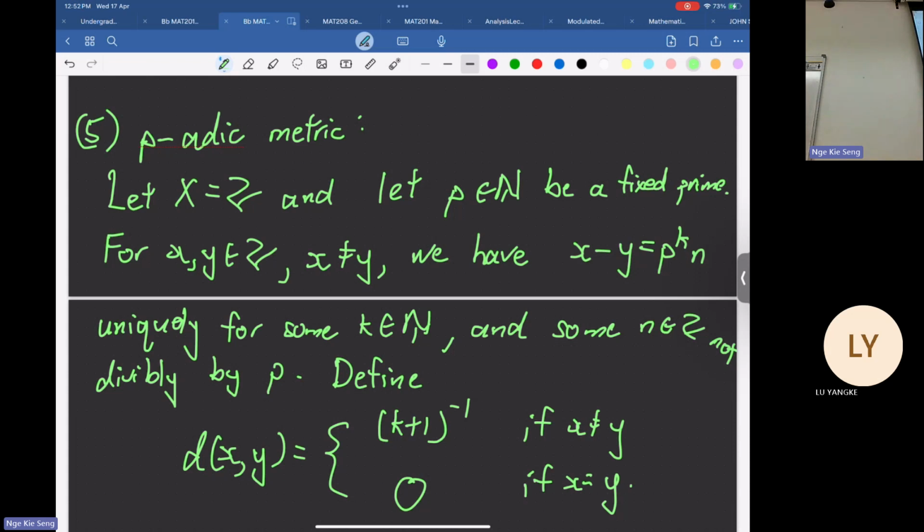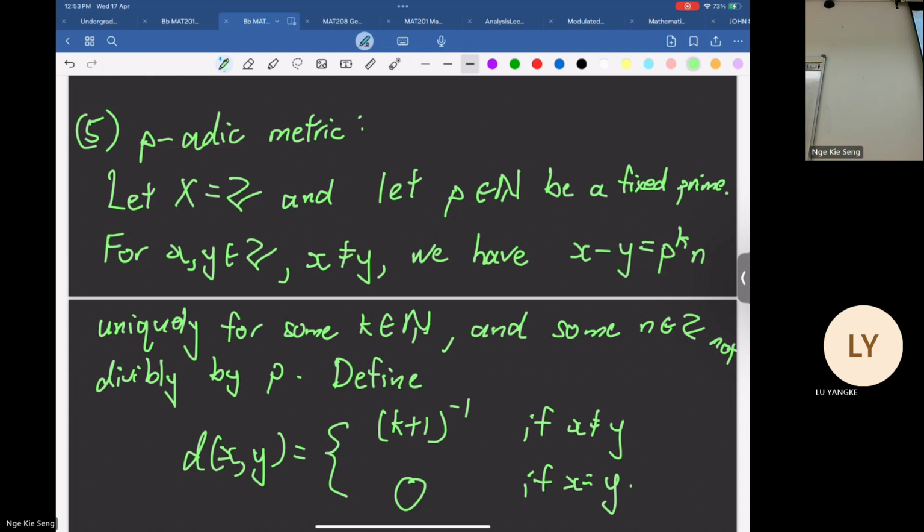So you see, what does this do? If you have more factors pulled out, this number becomes smaller. So you could imagine if you have a large usual distance, I mean, x minus y, the distance between two numbers that have a large difference becomes really small. So it's like inverting the normal norm using a prime.